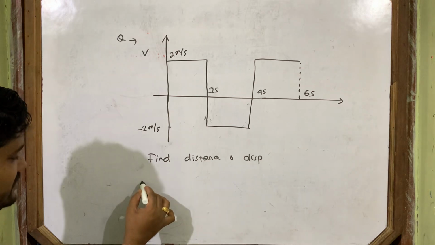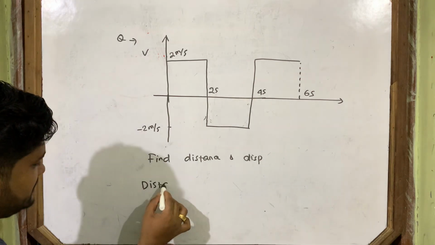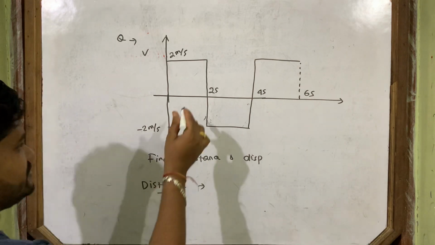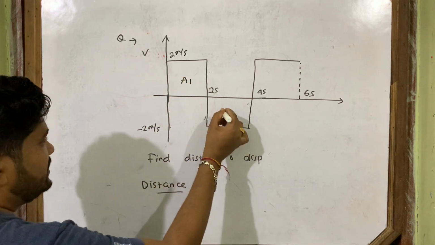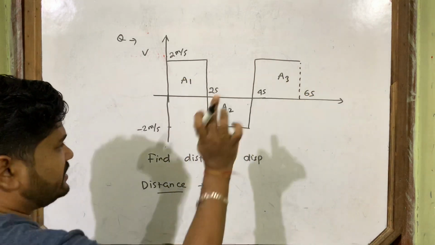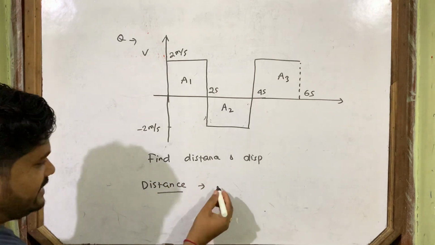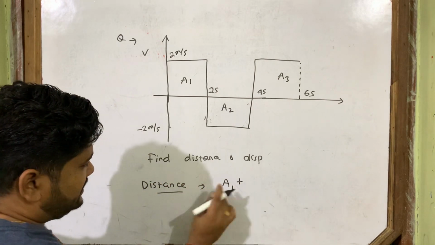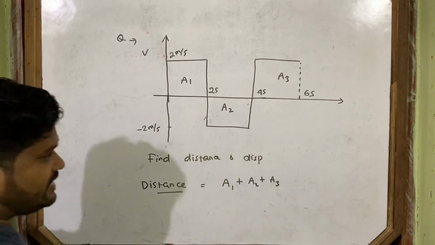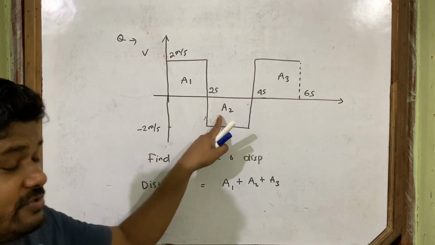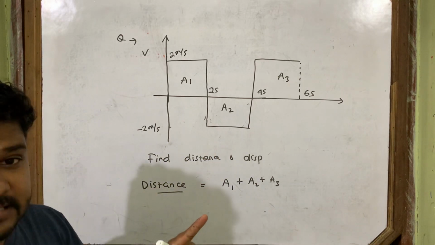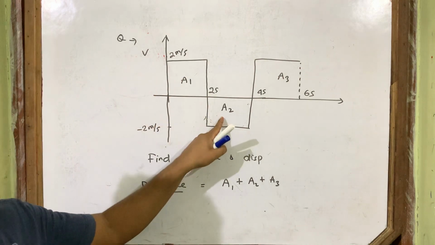So now let's calculate distance first. Distance is the area under the graph. So this area A1 plus A2 plus A3. There are 3 areas under the graph. So while calculating distance, you have to do A1 plus A2 plus A3. Never do minus here because distance never decreases, distance always increases.